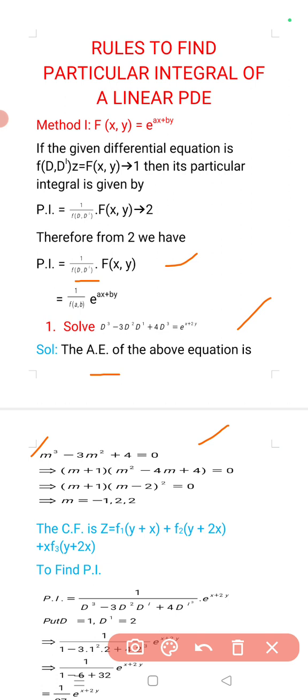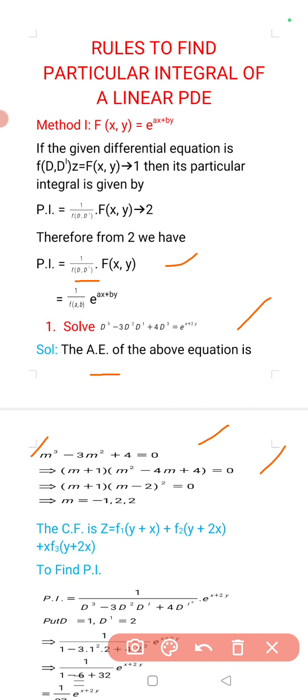Now apply the method of synthetic division, which you are all familiar with. It splits into two parts: m plus 1 into m square minus 4m plus 4. Here we obtain a quadratic equation, m square minus 4m plus 4 equal to 0.